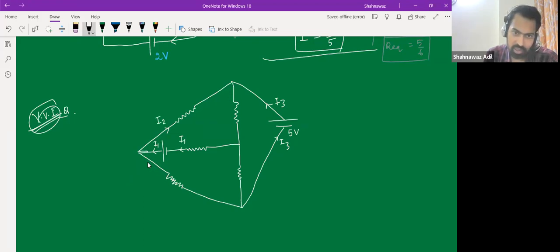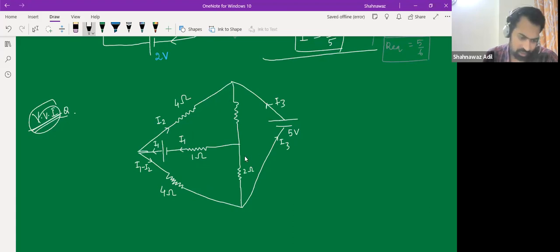So this would be I1 minus I2, and this is 4 ohm, this is 1 ohm, this is 2 ohm, right? And this is 4 ohm.